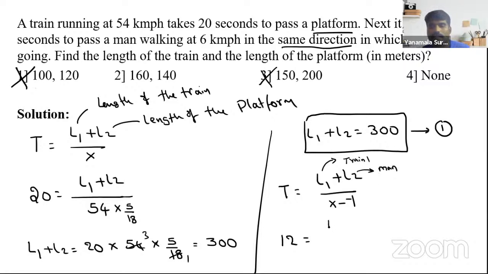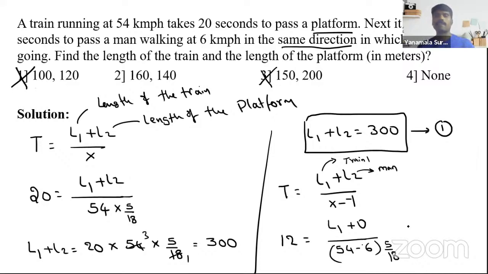So the length of train 1, I don't know, L1. What is the man's length? 0. Now x, how much value they had given? 54, 54 minus y. Yes, 6 kilometers per hour they had given. Conversion is required, into 5 divided by 18.